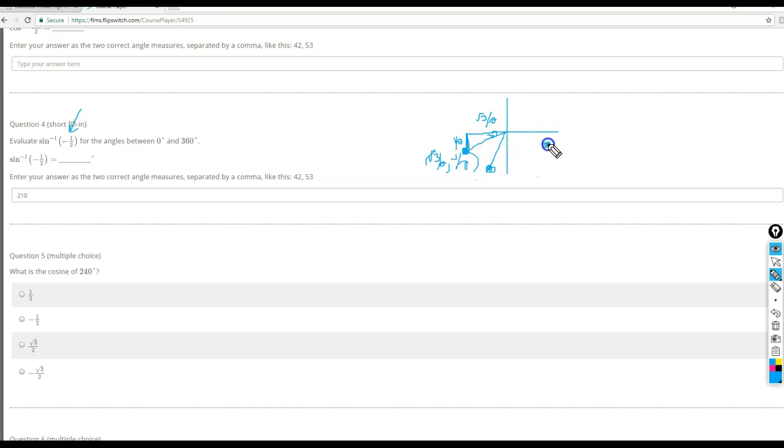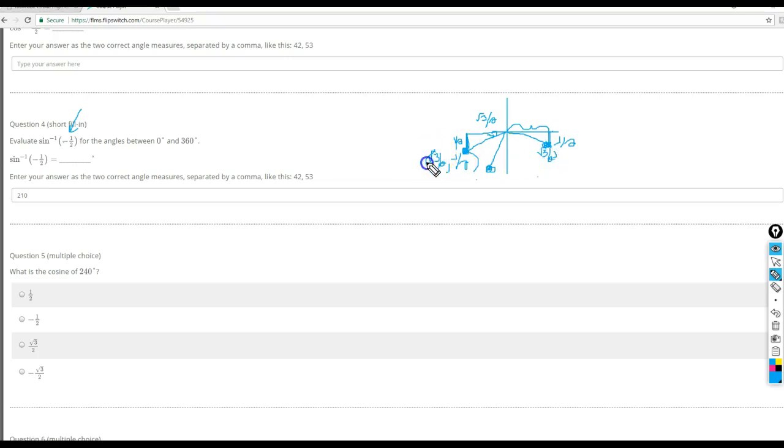So if I reflected my 30-degree reference angle, that distance would still be negative 1/2 on the y, going down, and the distance in the x direction would still be square root of 3/2.